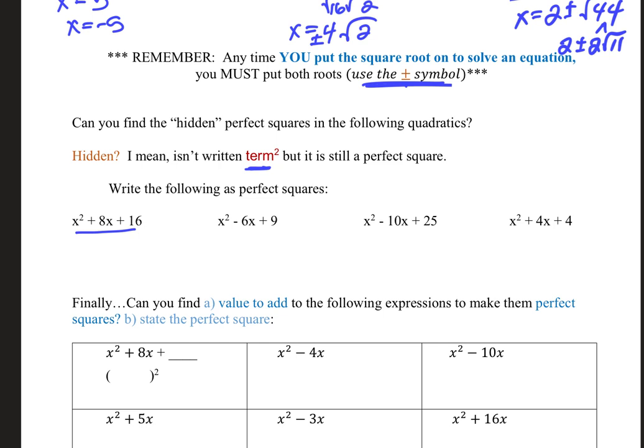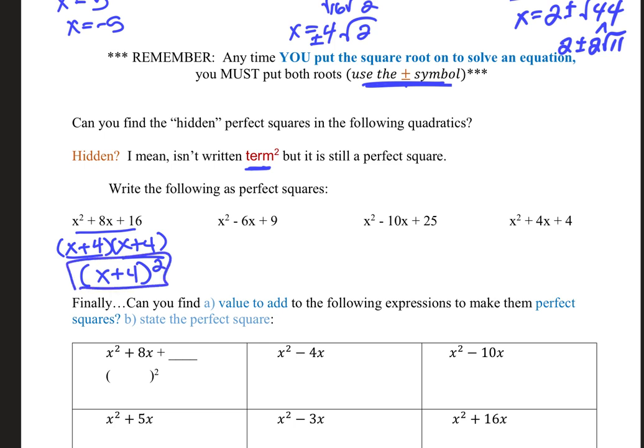This is what we consider a hidden perfect square, because you have to factor it to see that it's a perfect square. If I factor this, 2 things that multiply to 16 and add to 8 are 4 and 4. So these are exactly the same. So I can write this as x plus 4 squared. So this is now a perfect square.